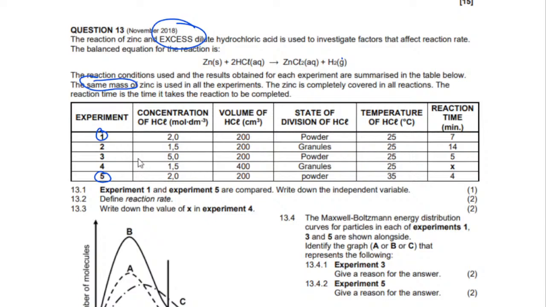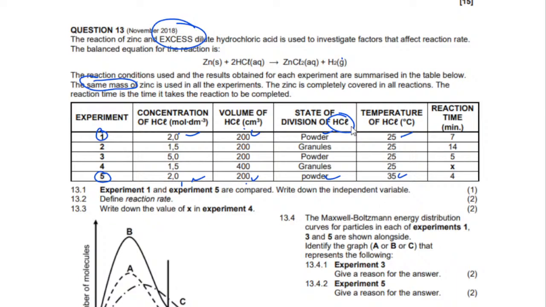So they are saying that in question 1, this and this are the same, this and this are the same, you see. So they cannot affect. It's powder. So what is affecting? It is temperature. Let me see the temperature. Yes, the temperature is affecting. So what is independent there is the temperature in this regard. No, this is not supposed to be zinc. It's not supposed to be hydrochloric.